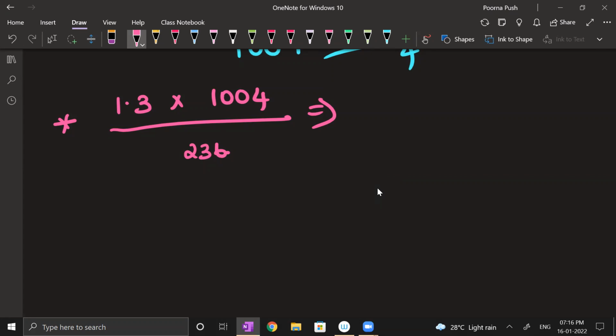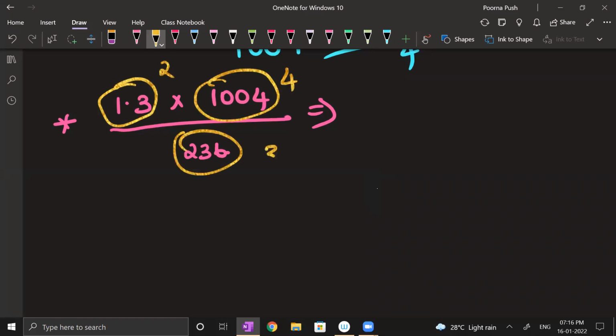Did you understand the question which I've asked? When you do the calculation, how many significant figures can you round off to? Here it is 2, here it is 4, here it is 3. Correct? What are this 2, 4, 3?